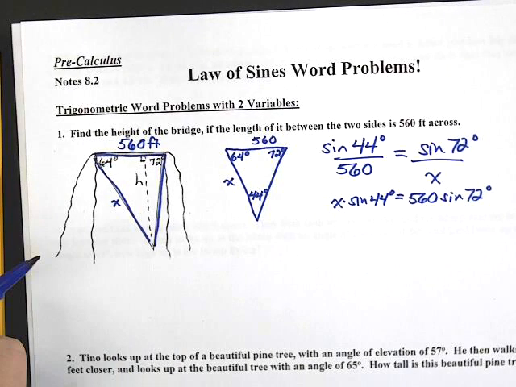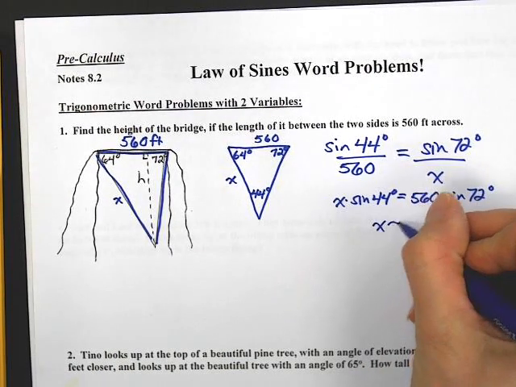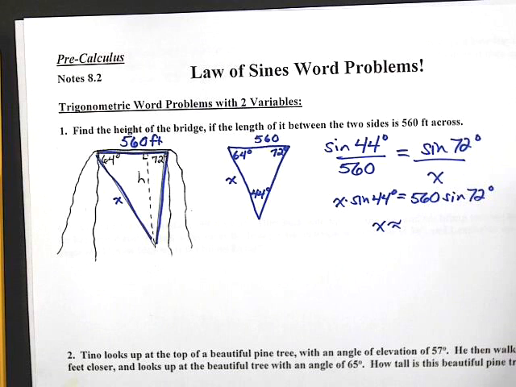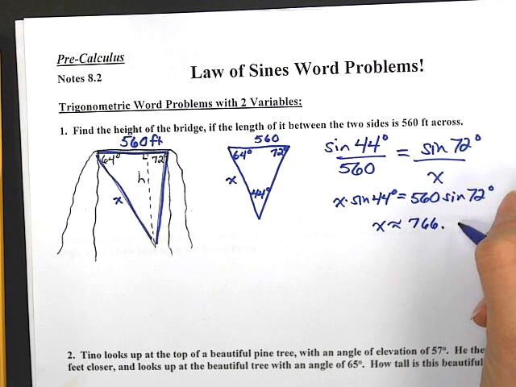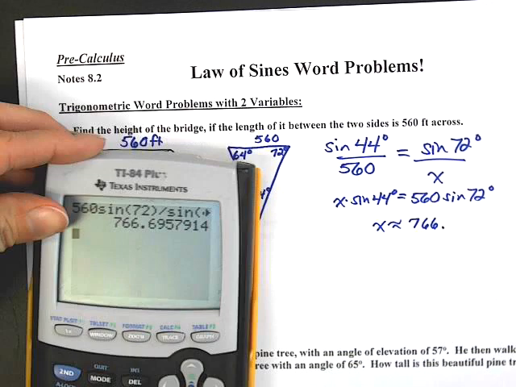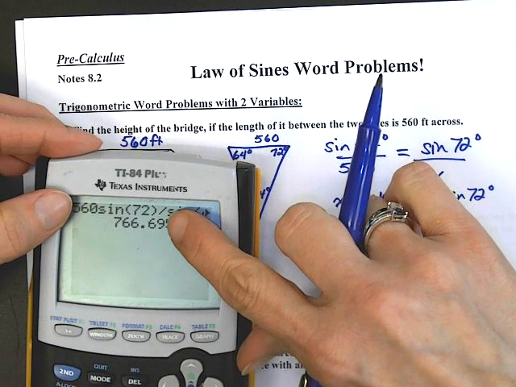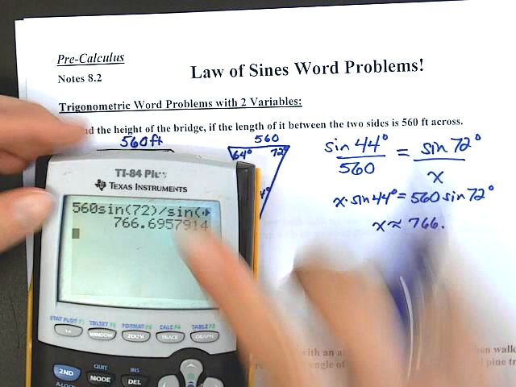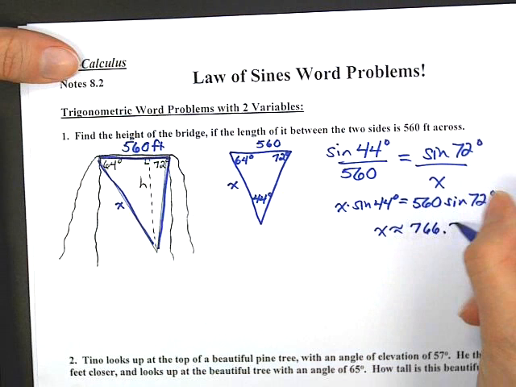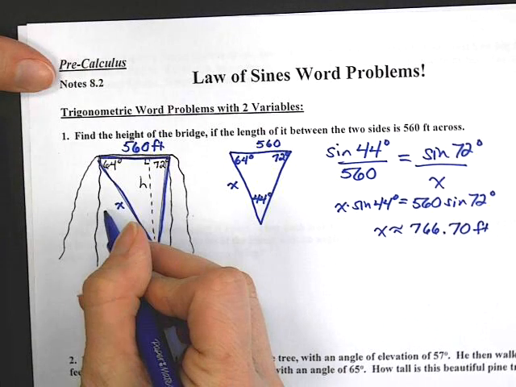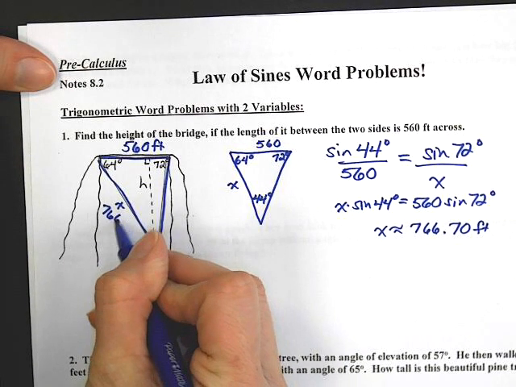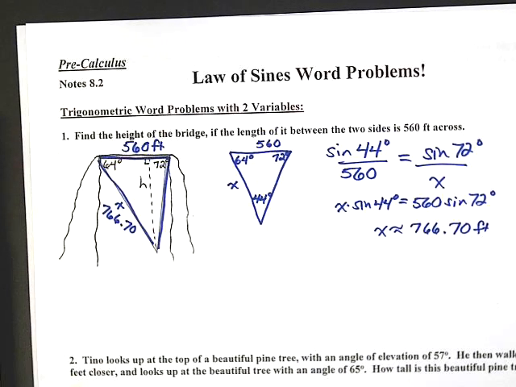And what we're getting here, x is approximately, let's round to two places, 766.69 is followed by a 5, so let's round 69 up to 70 feet. Okay, so that's this side right here, 766.70.